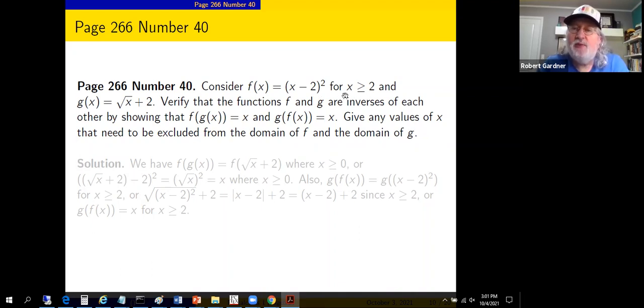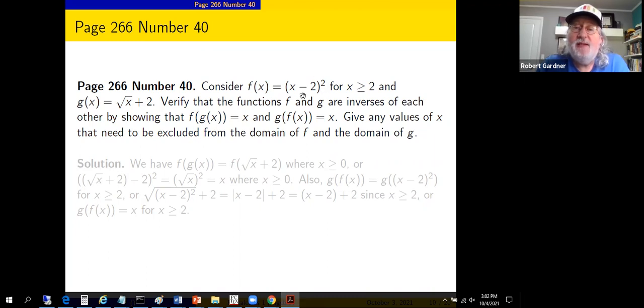Now they've given us this restriction. It didn't come to us algebraically. We can take x less than 2 and nothing goes wrong with the algebra. We might get a square of a negative number, but we can square negative numbers. Yet we can't allow x to be less than 2, because they told us x must be greater than or equal to 2. What do you think they're up to here?